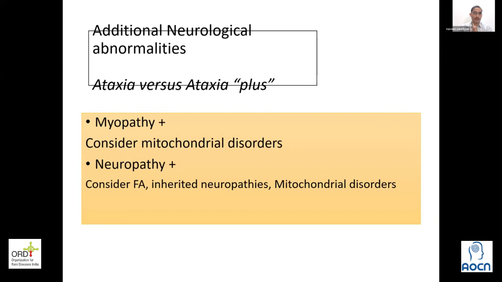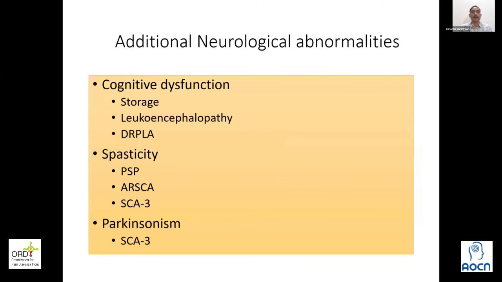If you have ataxia with neuropathy, then consider Friedreich's ataxia, other inherited neuropathies which can present with sensory ataxia, or mitochondrial disorders which can have ataxia as well as peripheral neuropathy. The other important neurological abnormalities include cognitive dysfunction, which would indicate a late-onset storage phenotype, a leukoencephalopathy, or DRPLA.